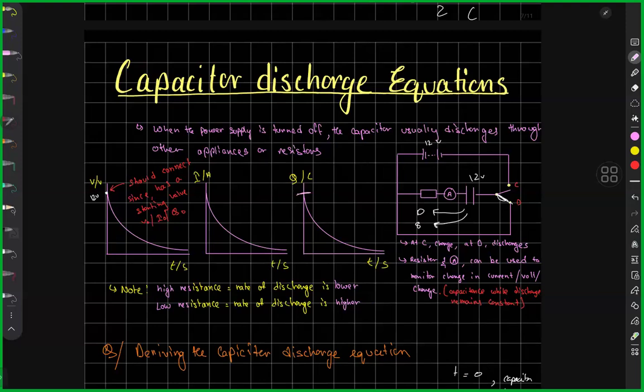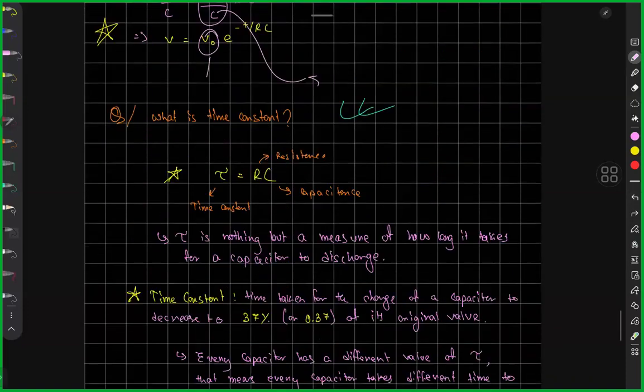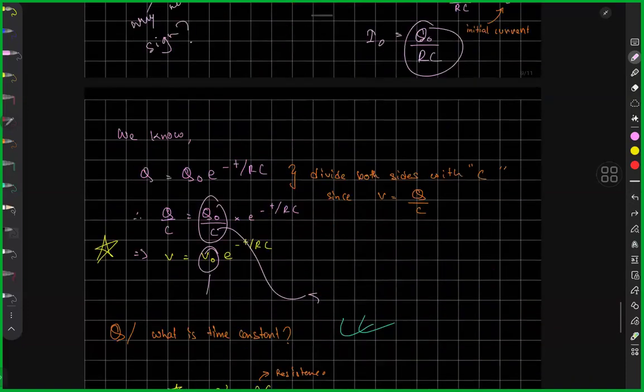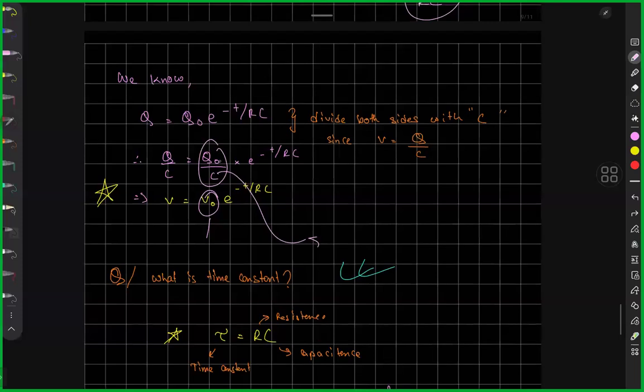Yeah, good. So the same logic I apply over here as well. When my charge is maximum, voltage is maximum. So max charge by C gives me max voltage. Done deal.